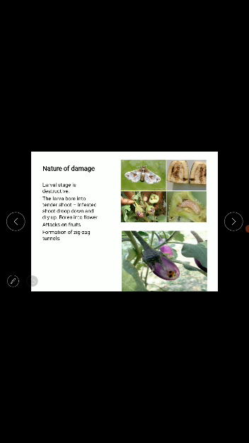In the early stages, the larva bores into the shoot, the fruit, or the leaf, because we already studied in the life cycle that the female lays eggs on either the shoot, the leaf, or the surface of the fruit. Depending on that location, the larvae which emerge from the eggs start to bore into that particular area.